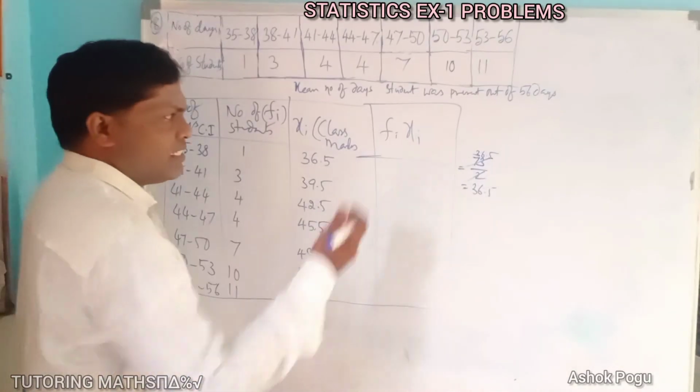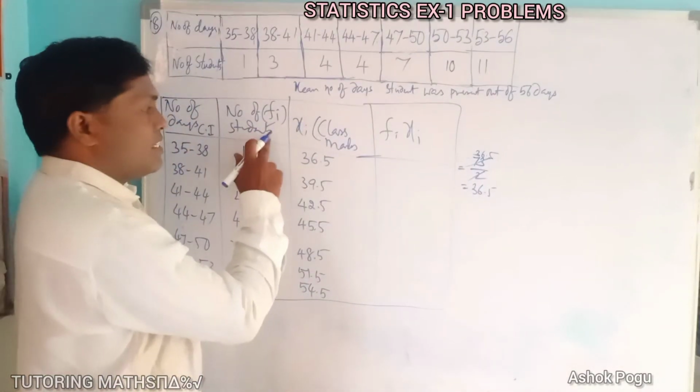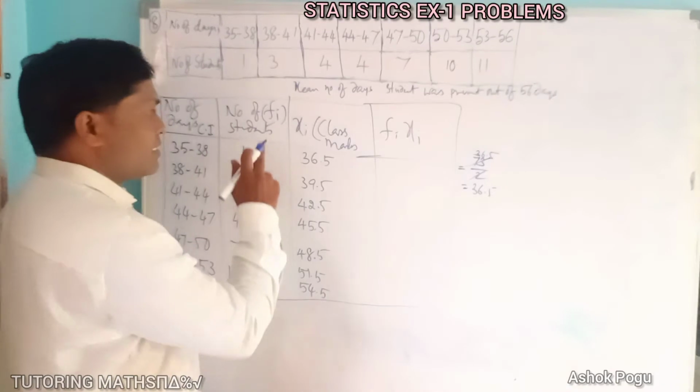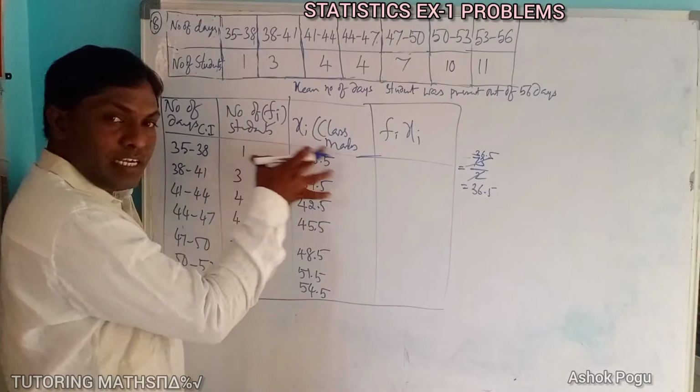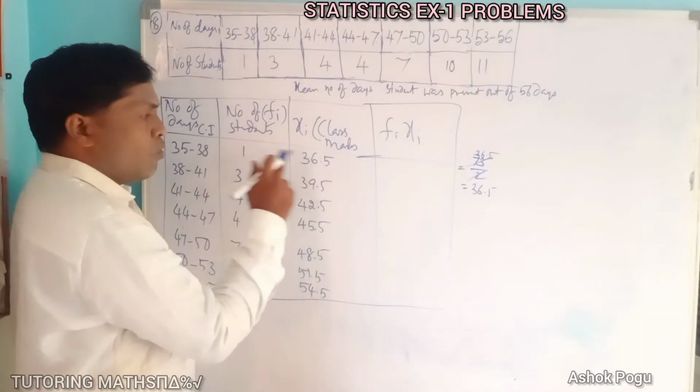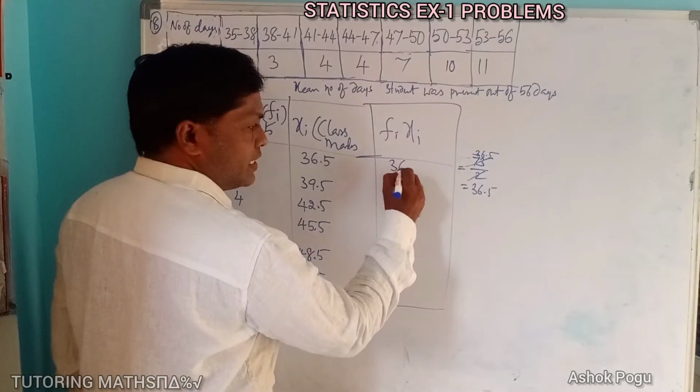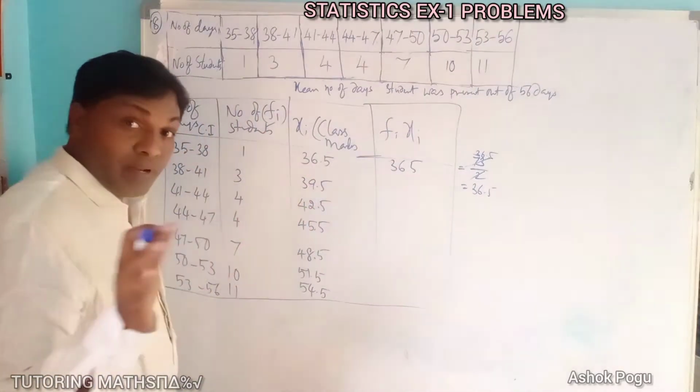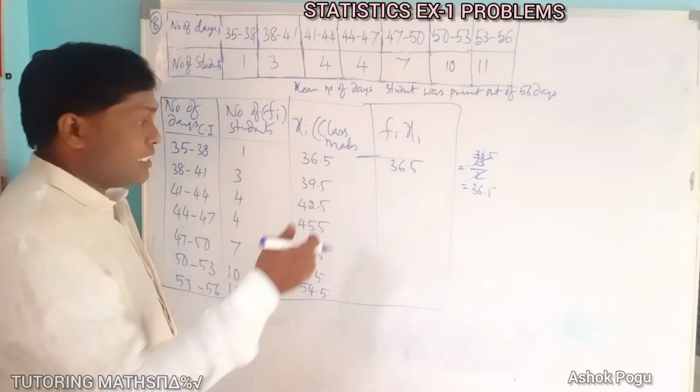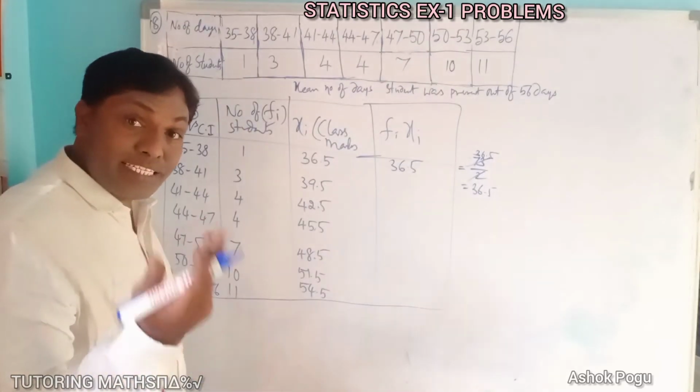Now find the product of frequencies and mid values, fi xi. Multiply these two columns one by one. 1 into 36.5 is 36.5. Be careful with the multiplication, because the second values are decimal values.